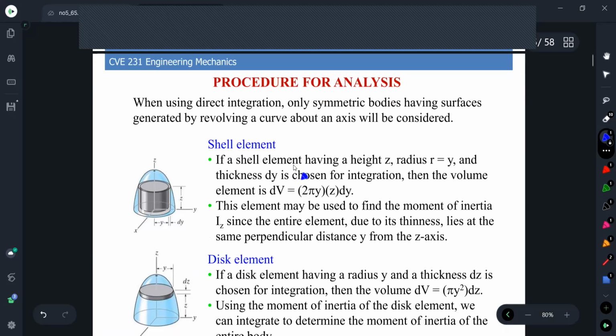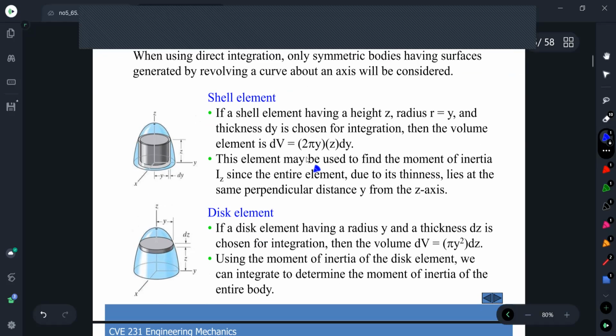The procedure for analysis of mass moment of inertia is very close to the area moment of inertia. If we derive the formula from the definition, we require integration, where we subdivide the body into small elements and integrate.